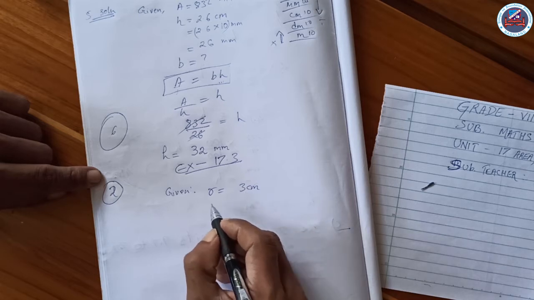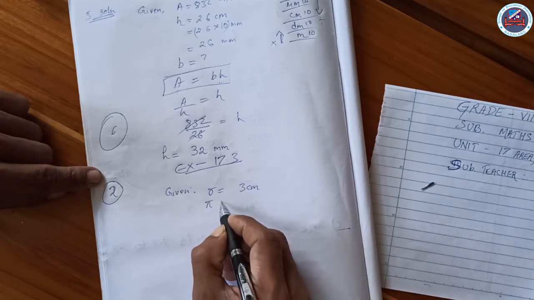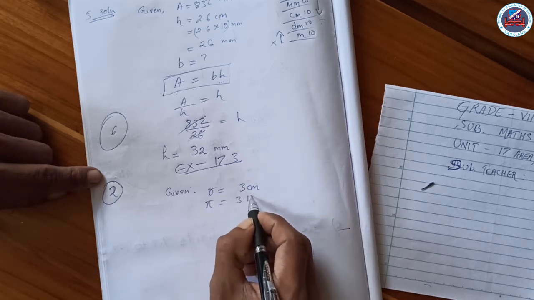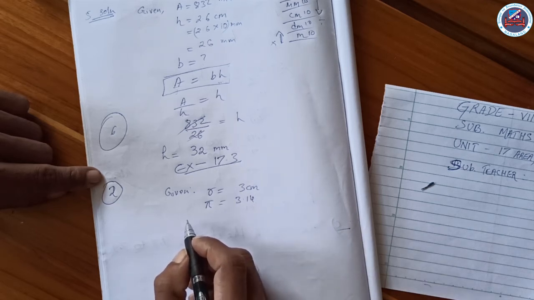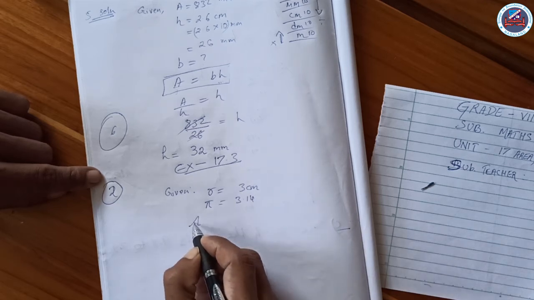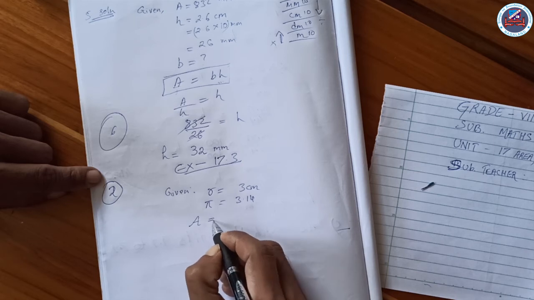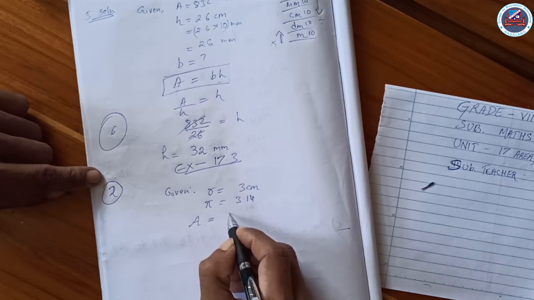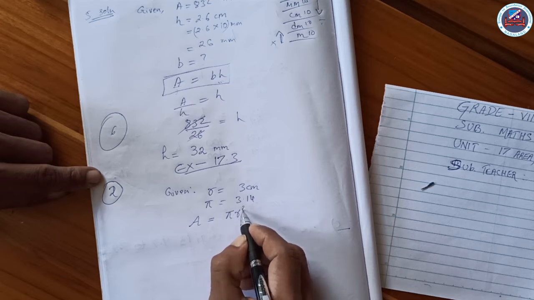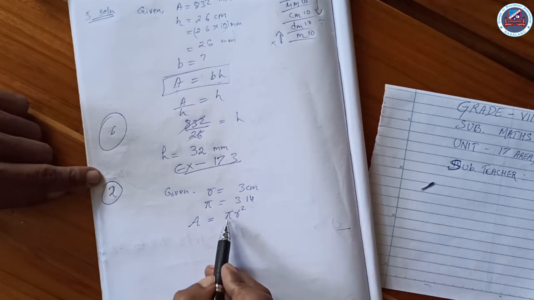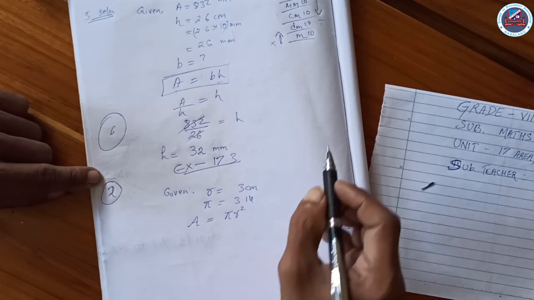And they told to use pi equals 3.14. Now they told you to find what? Area. The area of a circle formula I gave you in the PPT, okay? Pi R square.